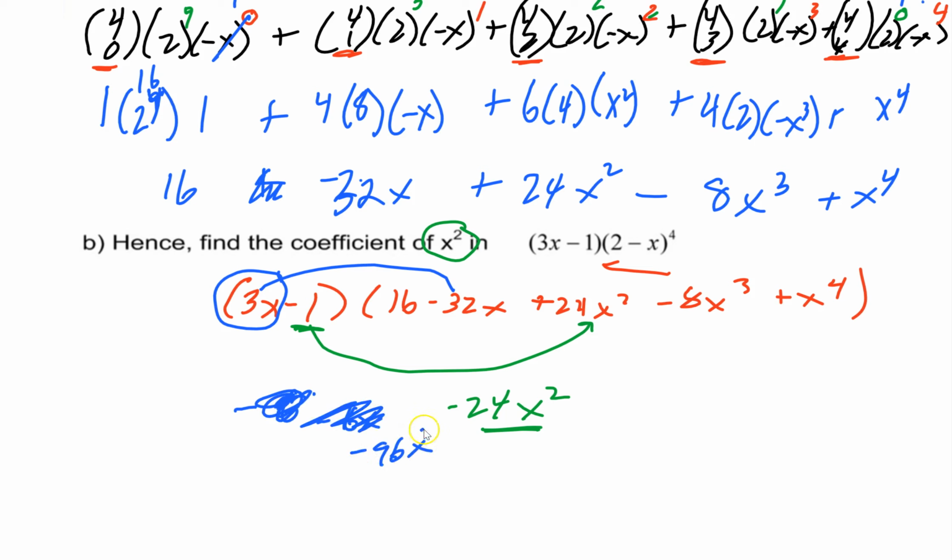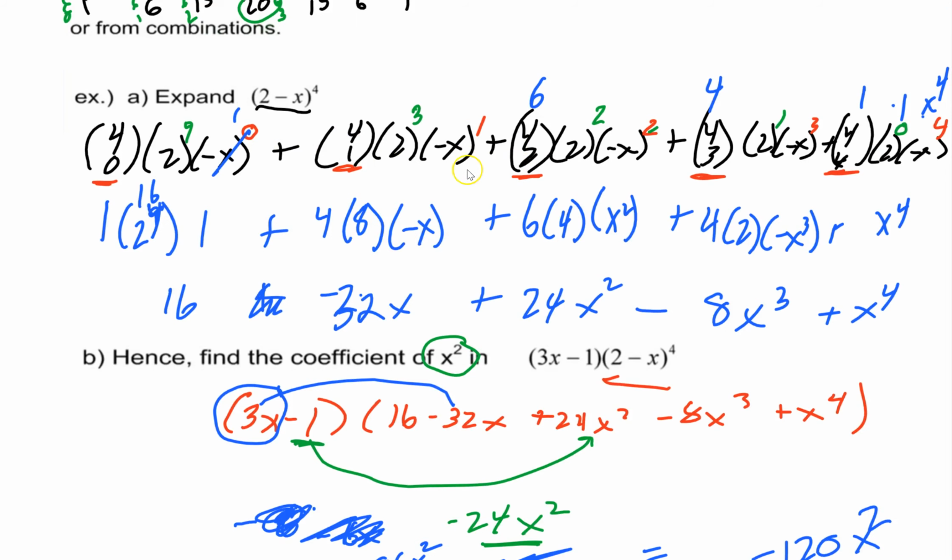I get that, right? 3x times negative 32 is negative 96x squared, minus 24x squared. That's all I care about, because if I multiply 3x by anything else, I'm going to get x cubed, x to the 4th. It's just these two. Add them up: negative 120x squared. That's the answer.